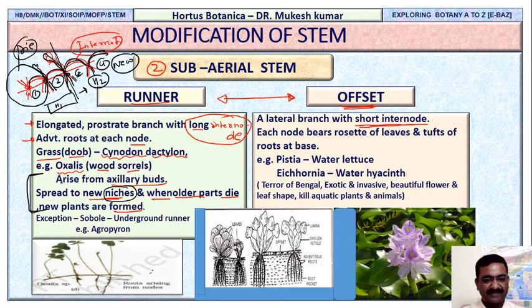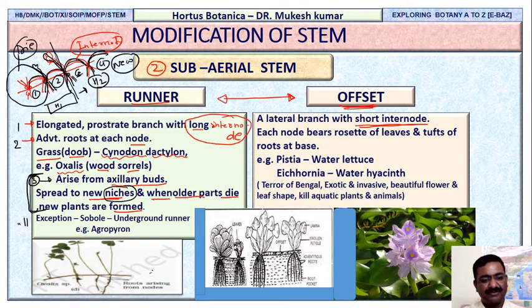Such a stem arises from axillary buds, spreads to the new niche, is growing, and when the older part dies, the new parts are formed, right? So these are very good, important characteristics, 1, 2 and 3.